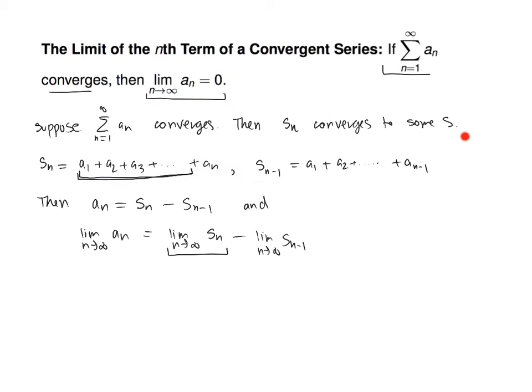Does that make sense? That's what it means to converge. You go to some number s. We don't know what s is, but it goes to s. And what if you took the limit of not s sub n, but s sub n minus 1? Where's that going to go? s sub n minus 1 just means you add the first n minus 1 things, so you're one step behind. But if you go to infinity, it's still going to go to s. Same thing. And so therefore that limit must be 0.